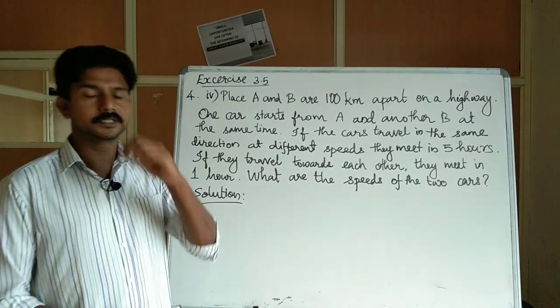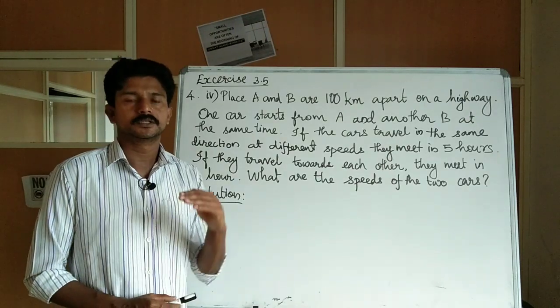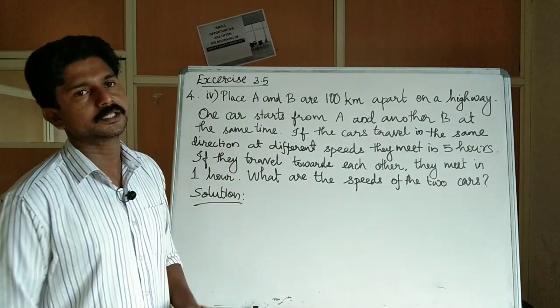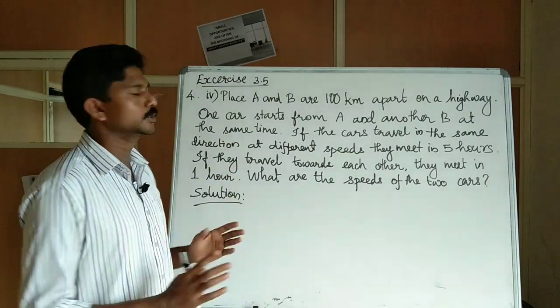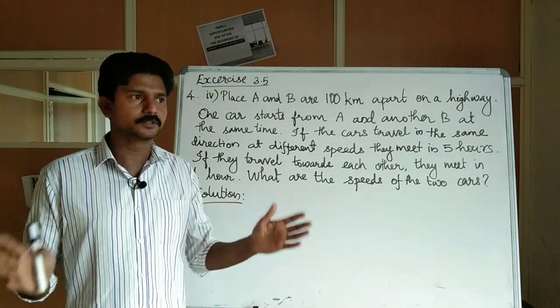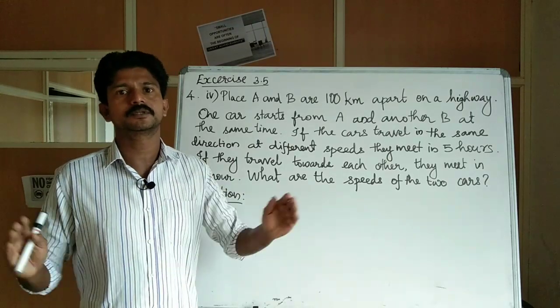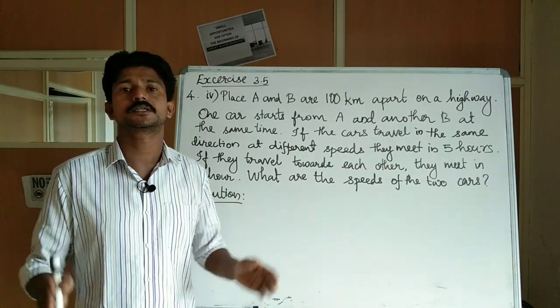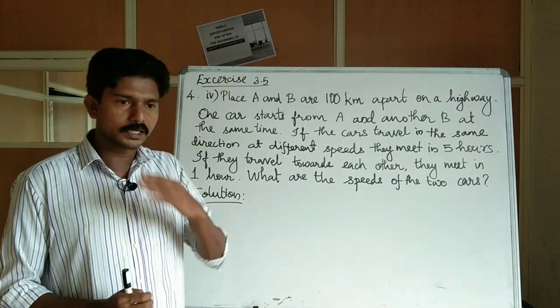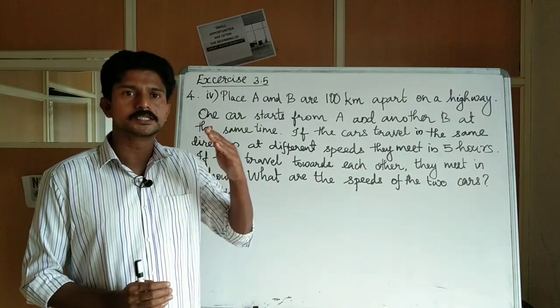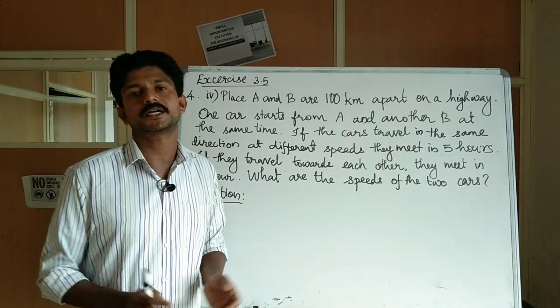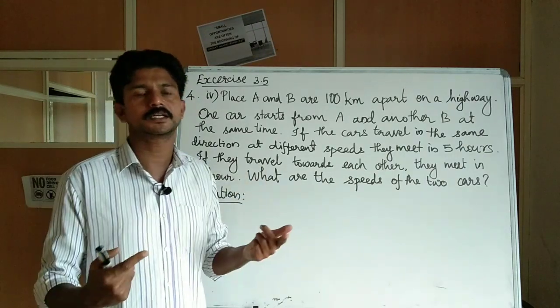So that's the question. Let us understand what is said line by line. The two places A and B are apart, and the distance between the two places is 100 kilometers. One car is starting from A, another car is starting from B, at the same time, like a race.